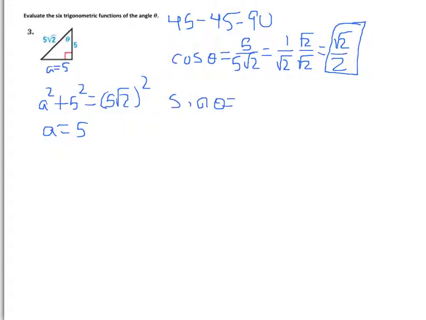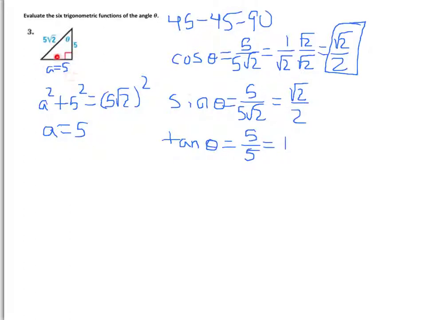So the sine is 5 divided by 5 square root 2. But what does that simplify to? Square root 2 over 2. Tangent is 5 over 5. Opposite over adjacent, so it's 1.